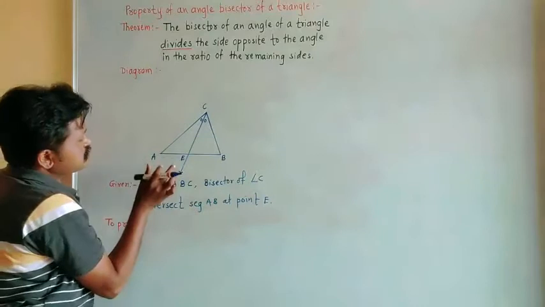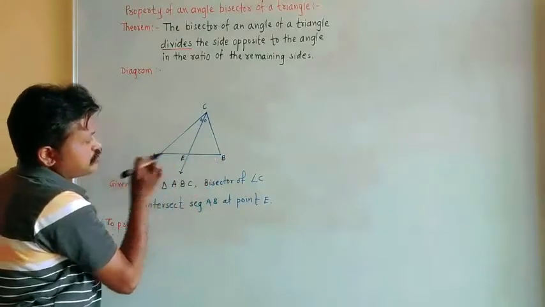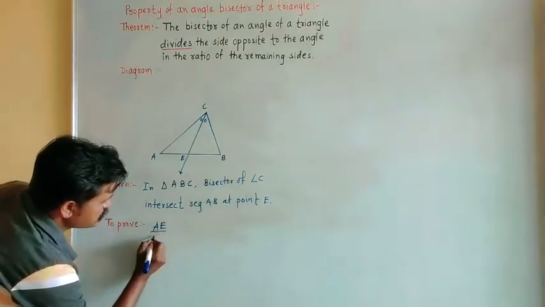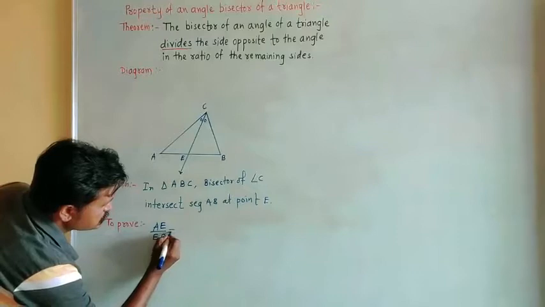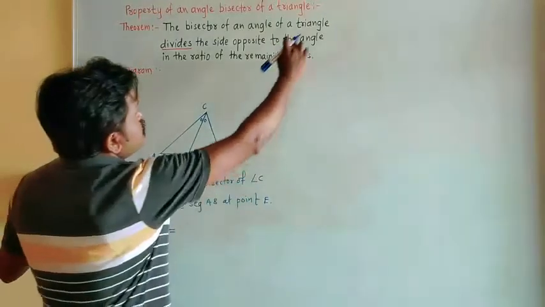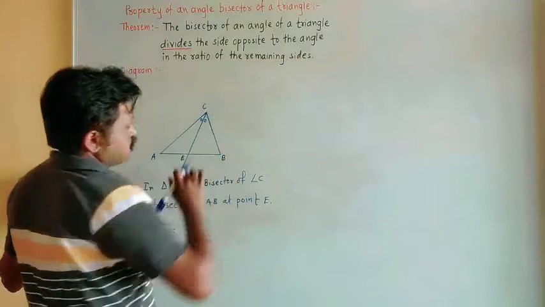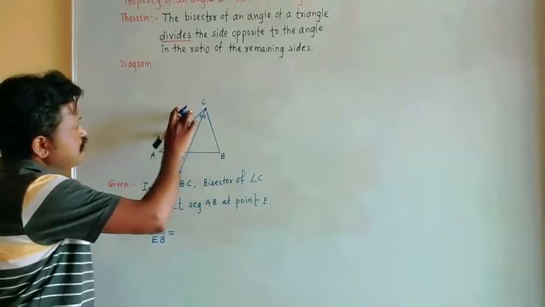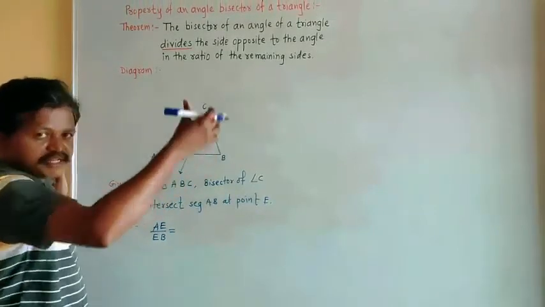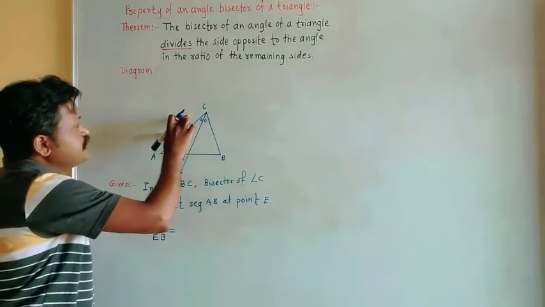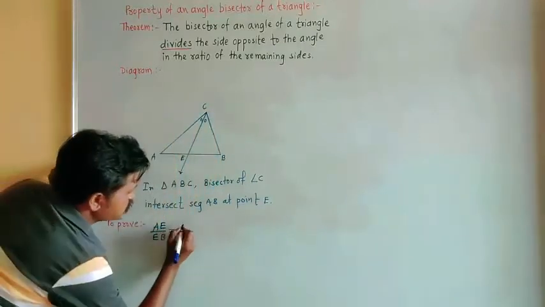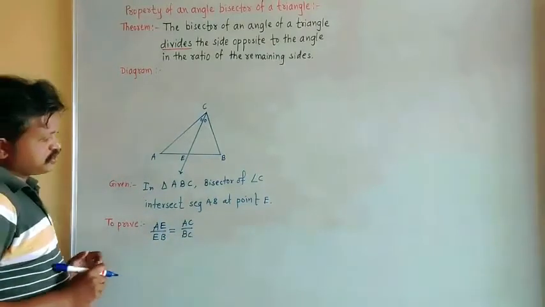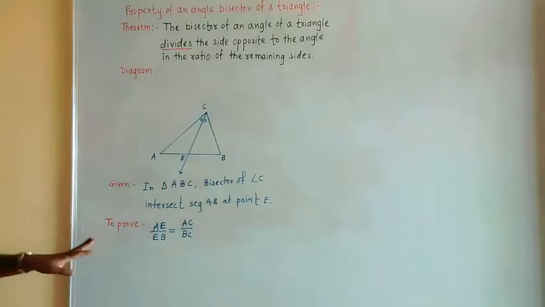So it divides in the ratio, that means AE upon EB equals the ratio of the remaining sides. The remaining sides are AC and BC. So AE upon EB equals AC upon BC. That is our given and to prove.